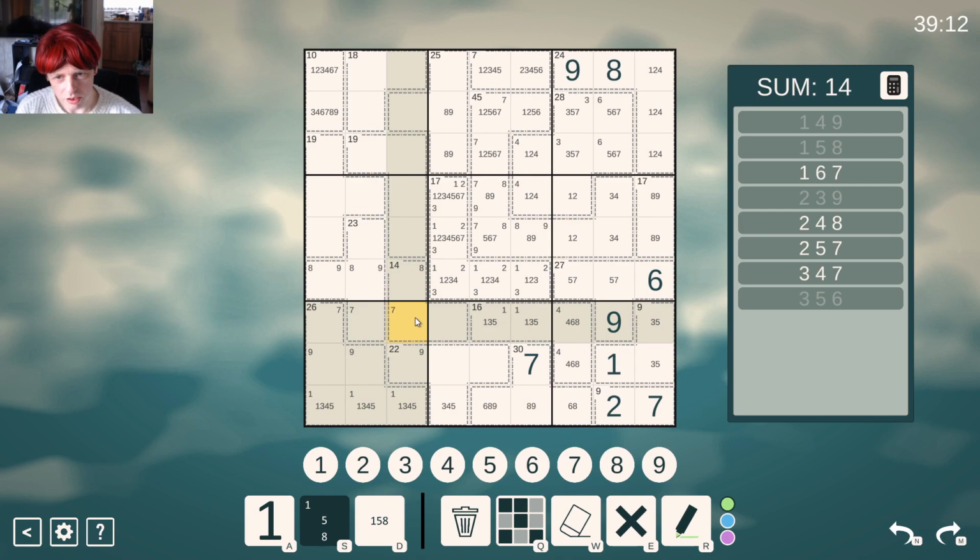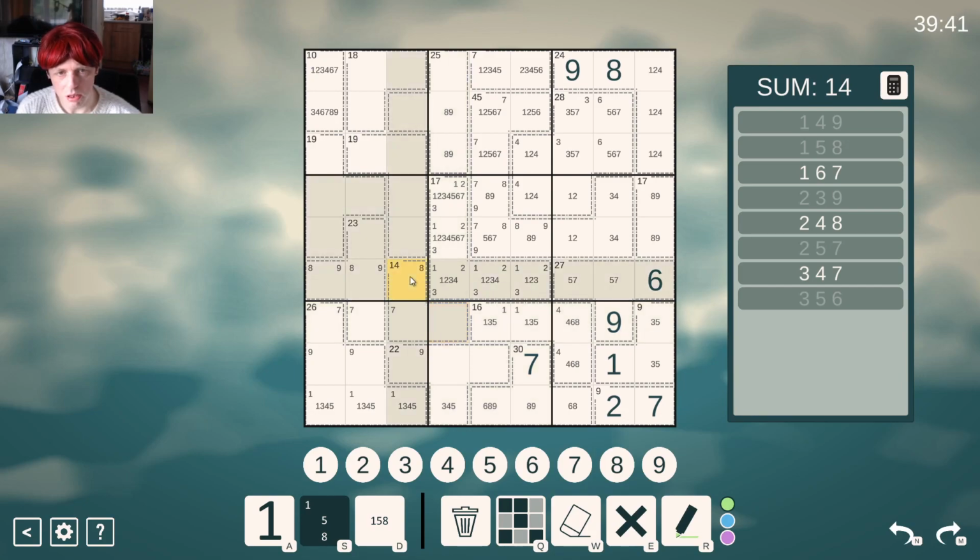Yeah, if there's a 7 in there, it must be there. 1 and 6 would be possible. 2 and 5 wouldn't be possible because there's nowhere for the 5 to go. The 5's gone from this row and this row. Three, 4, 7 would be possible.